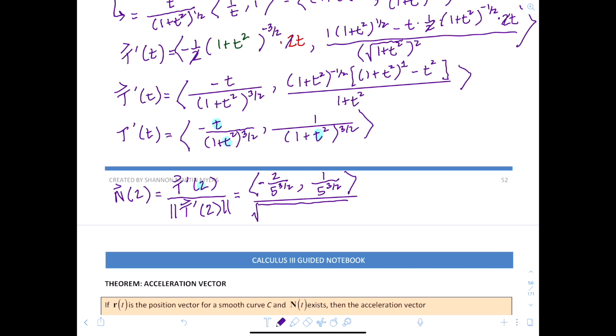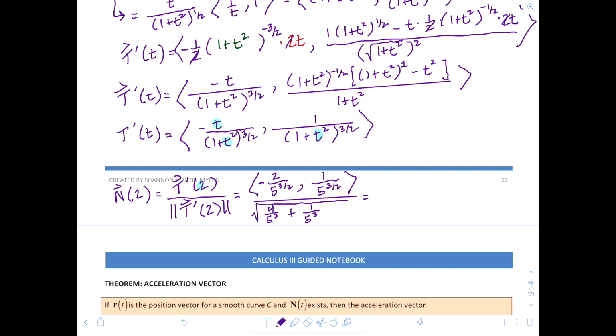When I square them, I believe we'll get 4 over 5 cubed, since the square root will go away, plus 1 over 5 cubed.